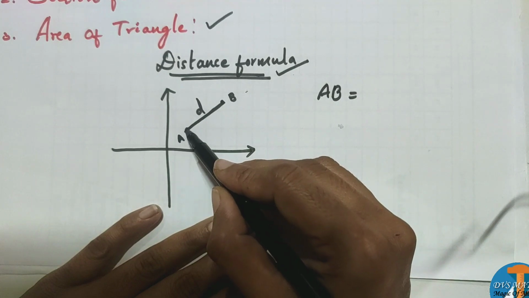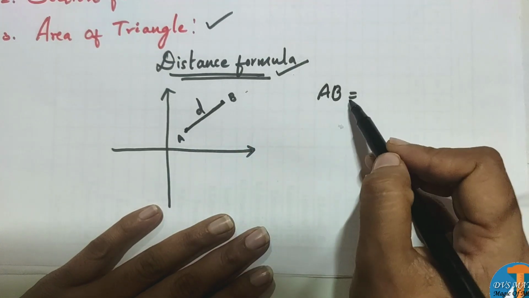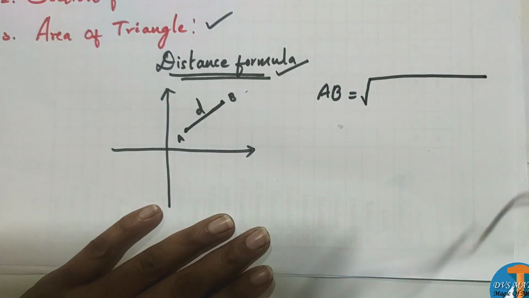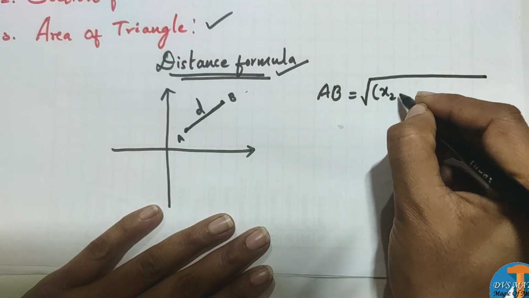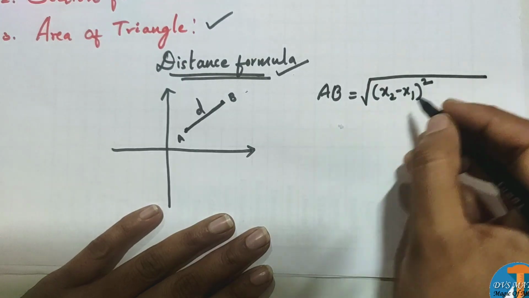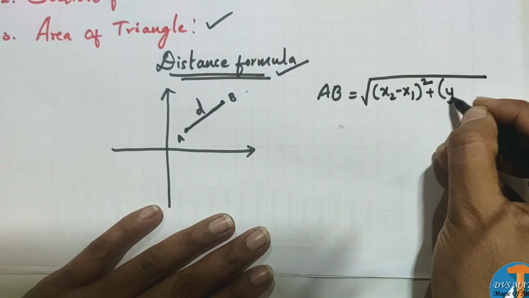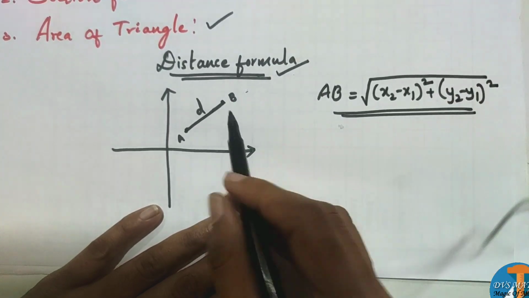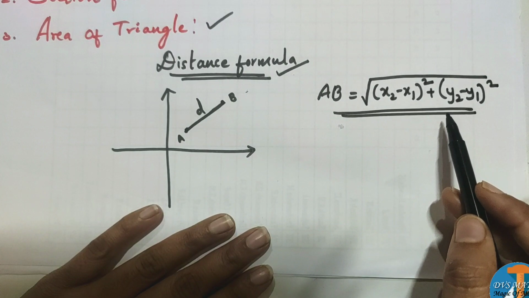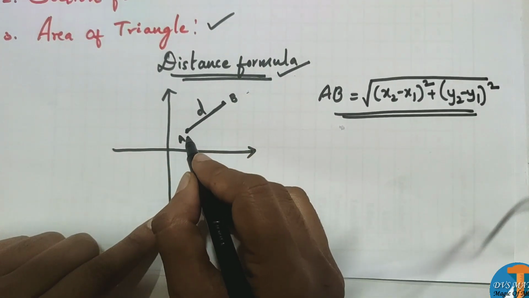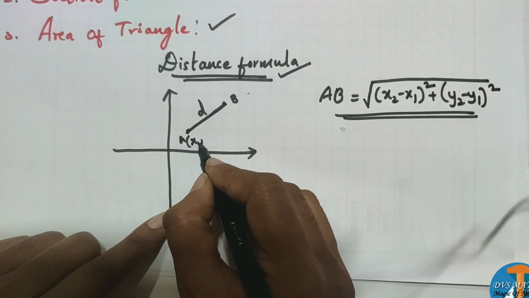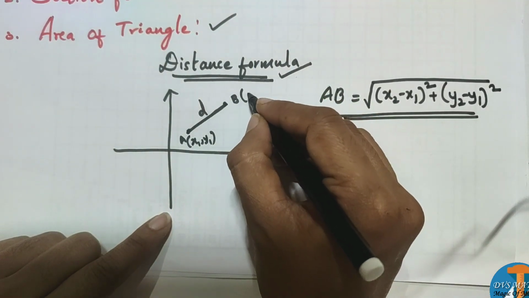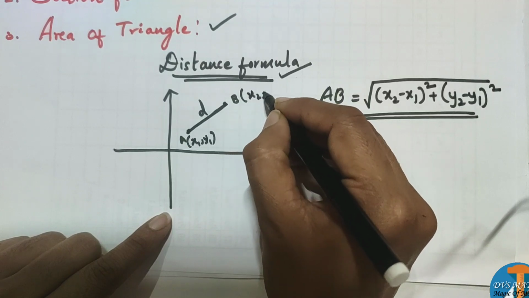Now I have taken the points A and B, so AB is the distance. The formula is: AB equals square root of x2 minus x1 whole square plus y2 minus y1 whole square. This is the distance formula when two points are given. For example, if we don't know the points, we take them as x1 comma y1, and x2 comma y2.